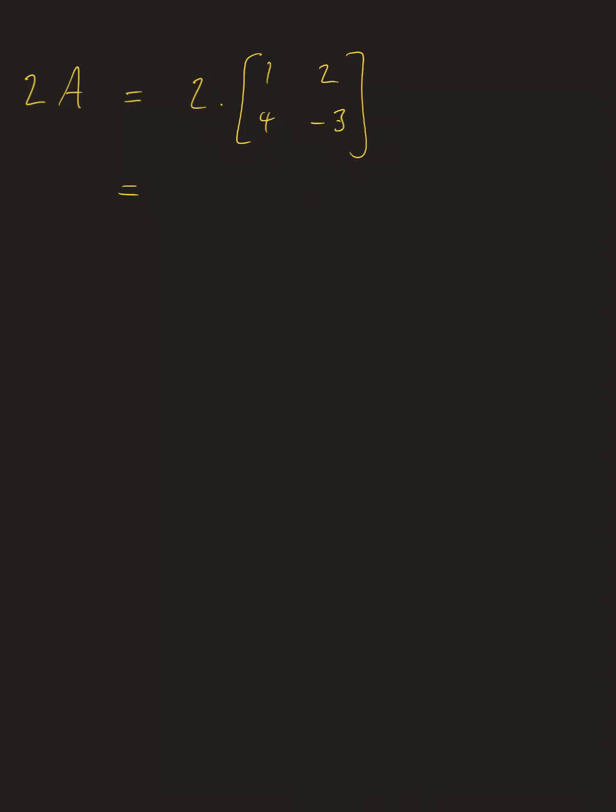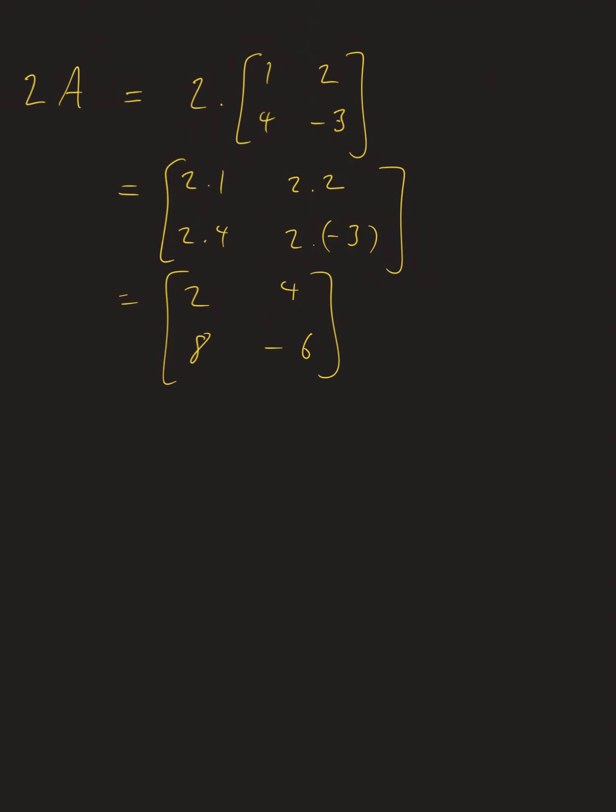So that's equal to 2 times 1, 2 times 2, 2 times 4, and 2 times minus 3. So there's the matrix 2A, I'll just multiply them out. That's 2, 4, 8, and 2 times minus 3 is minus 6. So there's the matrix 2 times A.